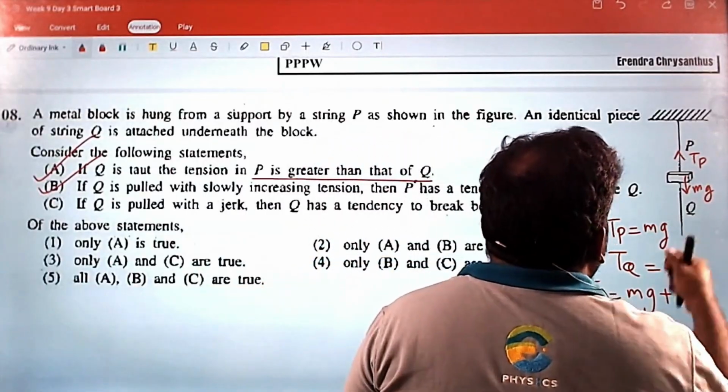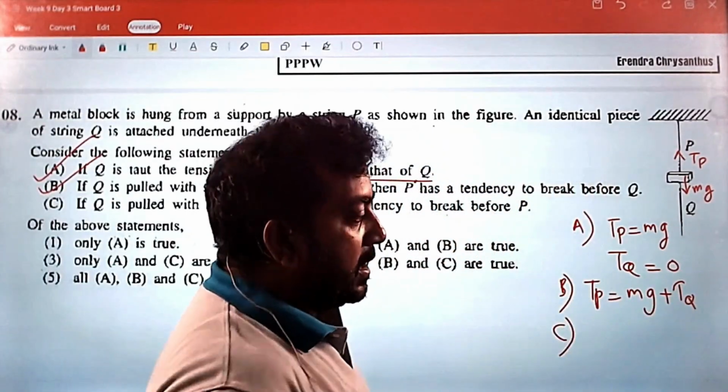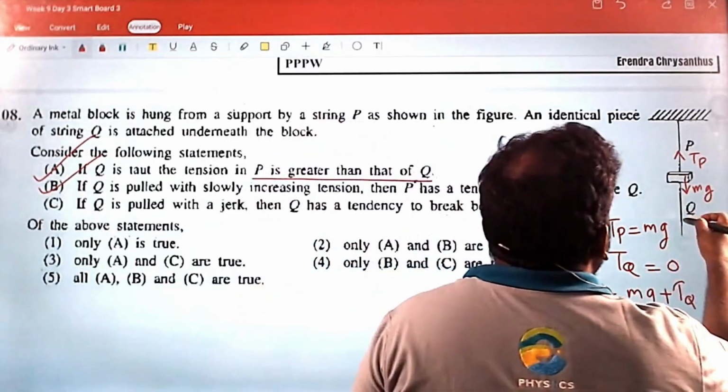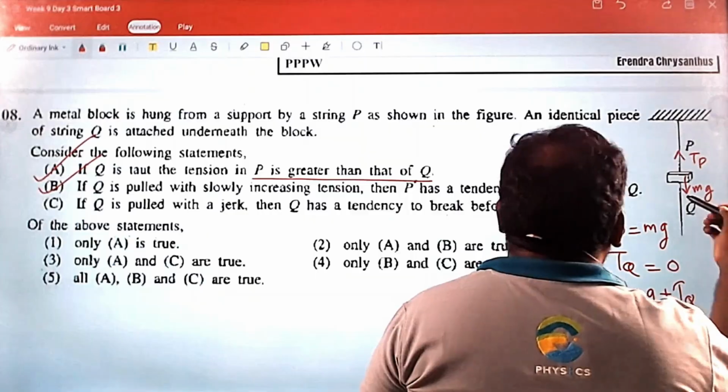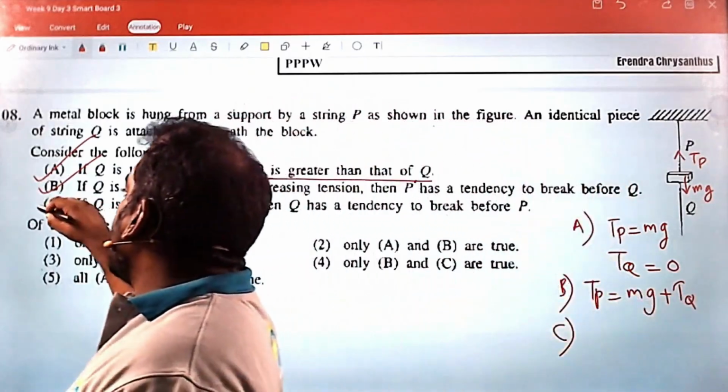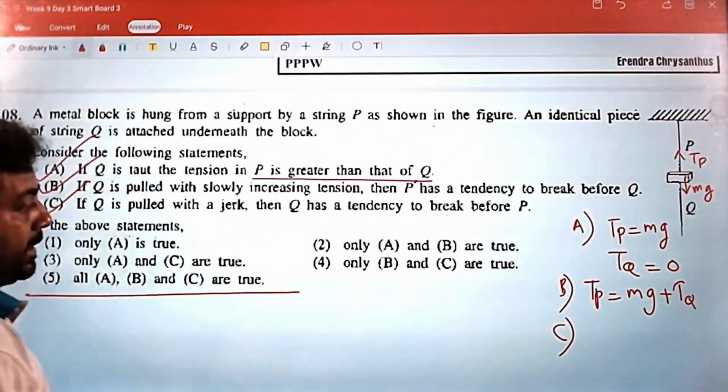If Q is pulled with a jerk, Q has a tendency to break before P. If I pull this with a jerk, Jerk means I'm applying an impulsive force. So impulsive force means there is less effect on the upper one, more effect on the lower one. So A, B, C all are correct.